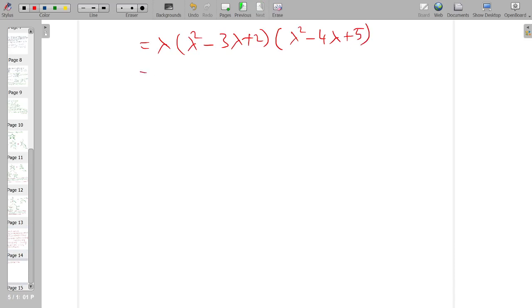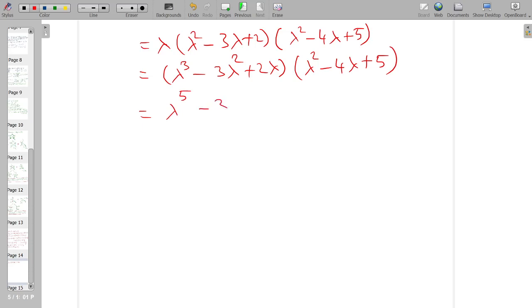Okay, when I still reduce it, this would be lambda cube minus 3 lambda squared plus 2 lambda into lambda squared minus 4 lambda plus 5. So this would give you lambda power 5 minus 3 lambda power 4 plus 2 lambda cube minus 4 lambda power 4 plus 12 lambda cube minus 8 lambda squared, and I have plus 5 lambda cube.